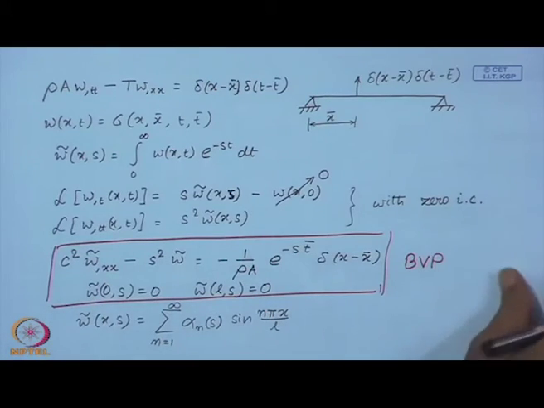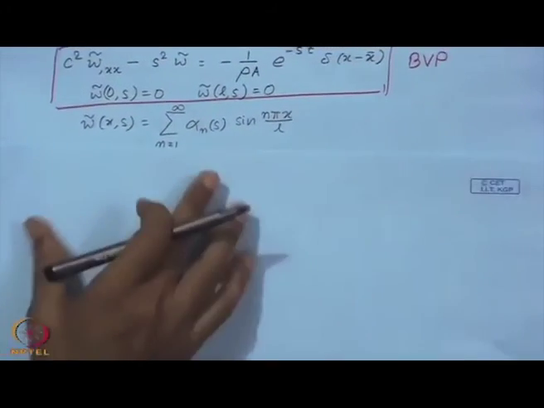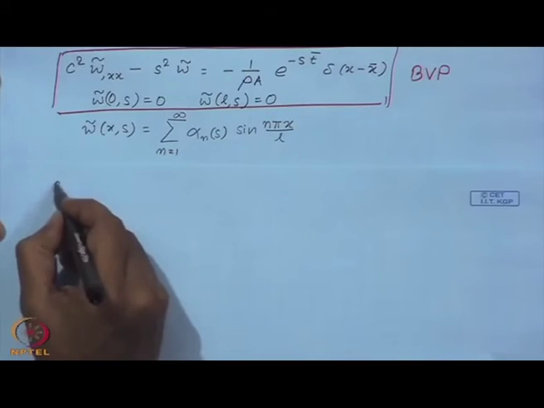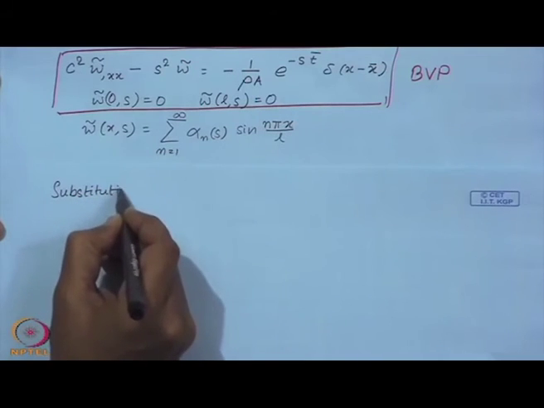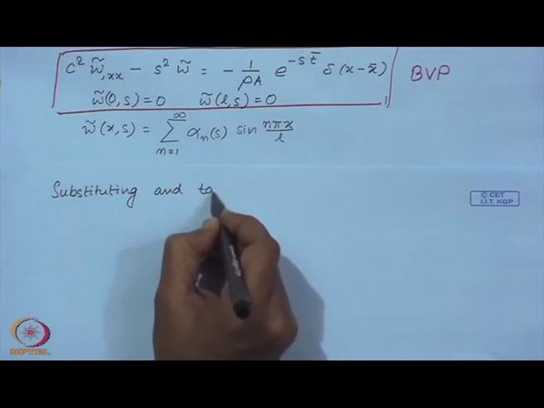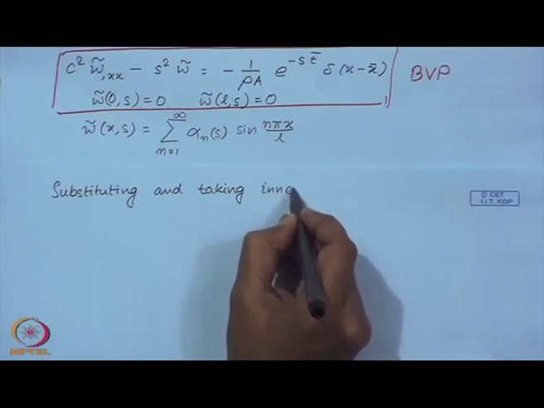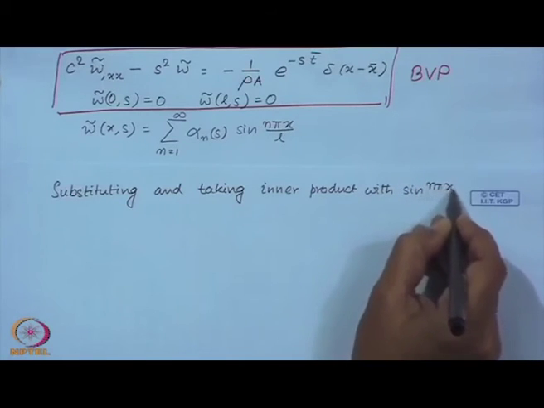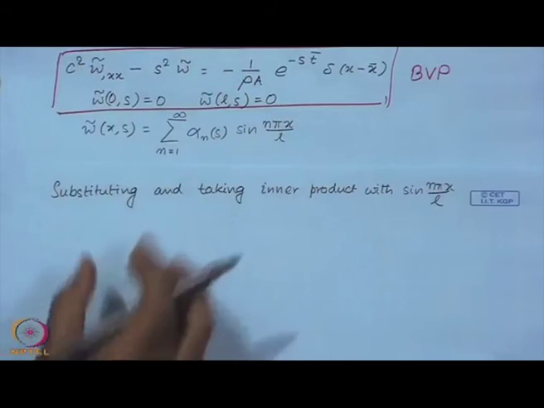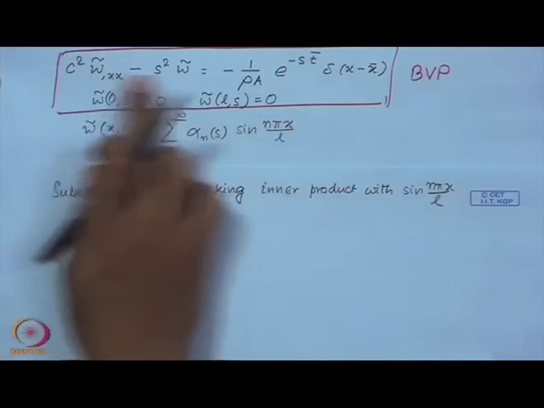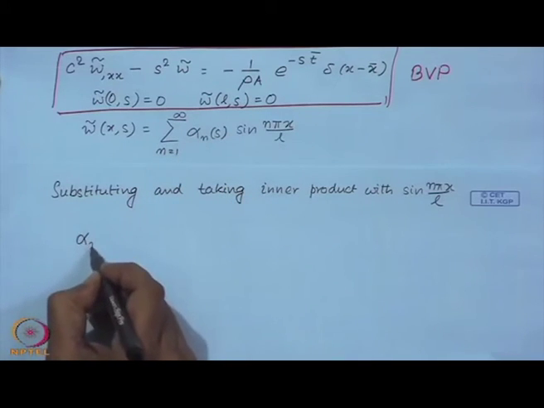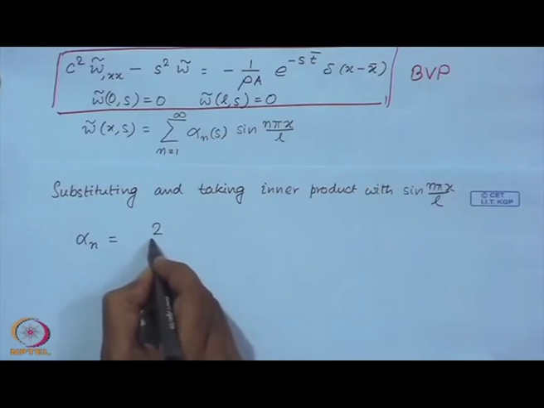Substituting this in the boundary value problem and rearranging, we take the inner product on both sides with sin n pi x over L. It filters out the nth coefficient, and this can be done very easily.